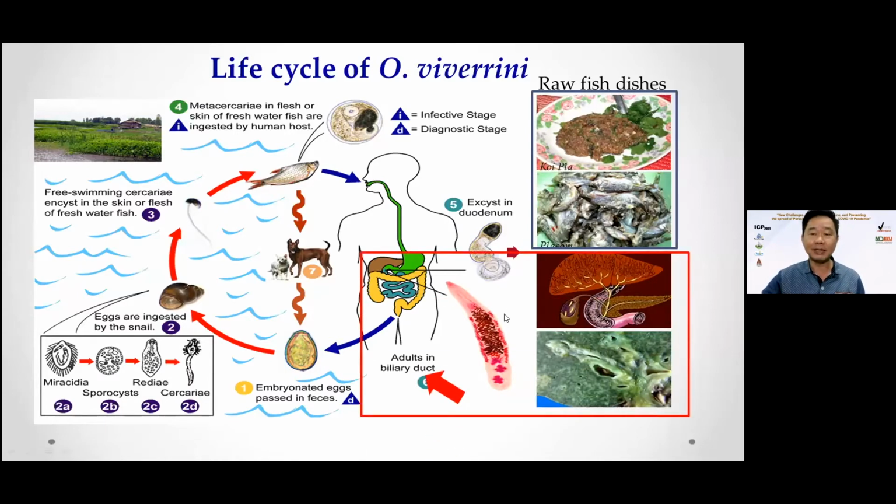The adult worm resides in the bile duct and causes pathology, and after a long infection it can lead to cholangiocarcinoma. That's why this parasite can cause cancer, and that's why we are interested in researching why this parasite causes such high pathology.